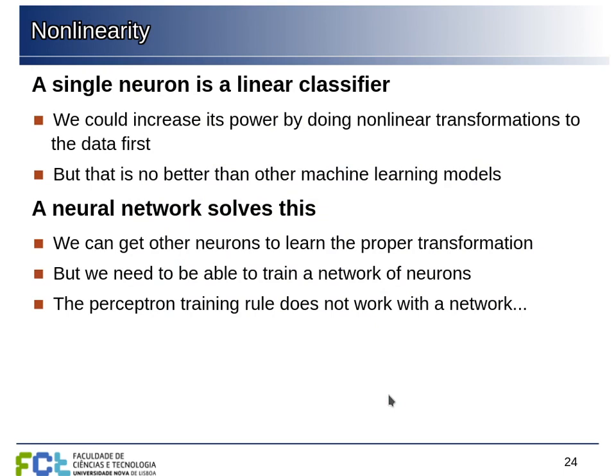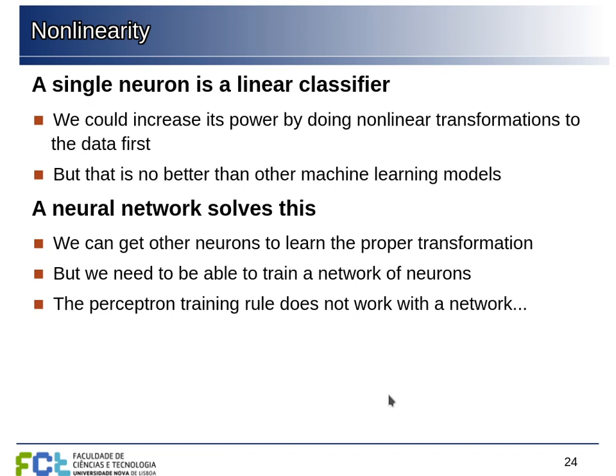So even though a single neuron is just a linear classifier, we could use it to solve classification problems where the classes are not linearly separable, if we could transform the data nonlinearly before doing the classification. If we could find some transformation that would make the data linearly separable, then we could use the neuron.